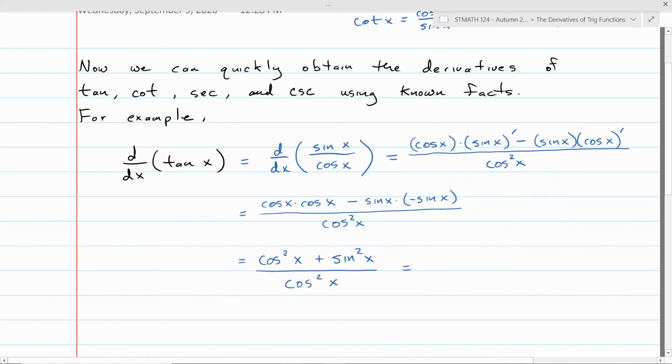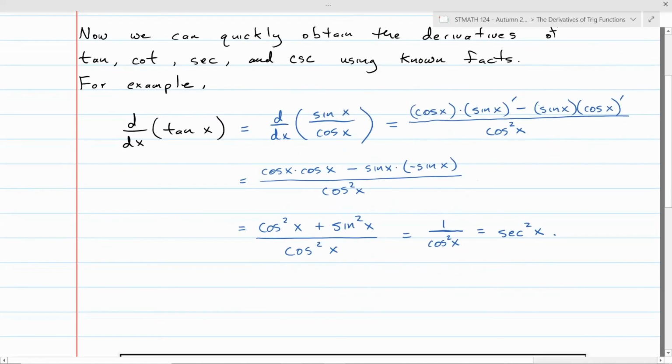And we remember the Pythagorean identity says the numerator is equal to 1. So that's 1 over cosine squared of x. And because the reciprocal of cosine is what we call secant, we can just call this secant squared of x. And that's the derivative formula for tangent. Derivative of tangent, the standard way to write it is just secant squared of x.